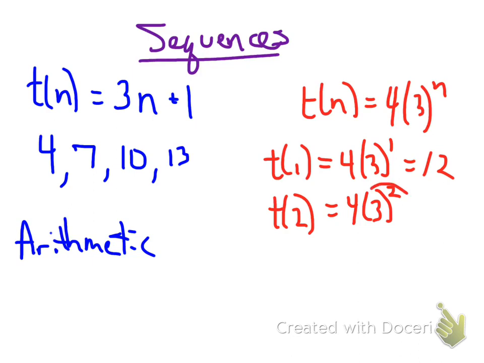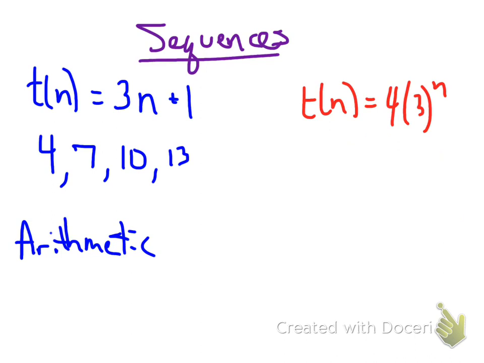Order of operations, I need to square that first. That is 9. 9 times 4 is 36. I could continue with that method. Another thing that I could do is, again, knowing how this problem is set up, that is my 0 term. That is my multiplier.